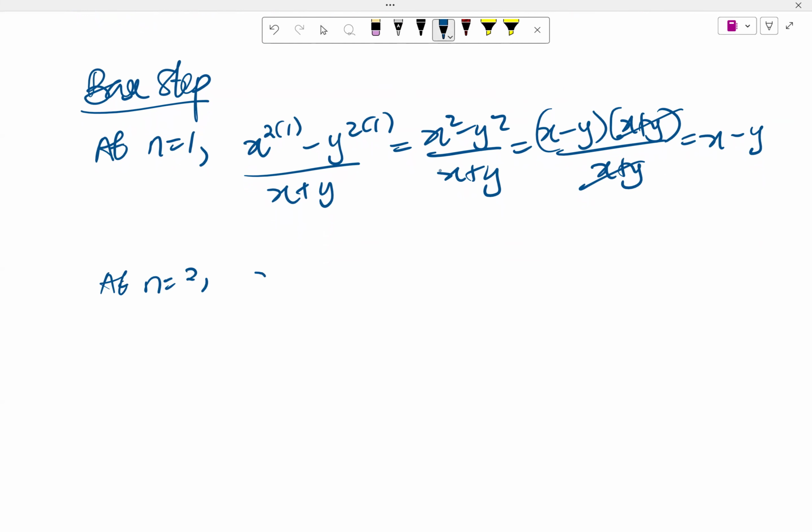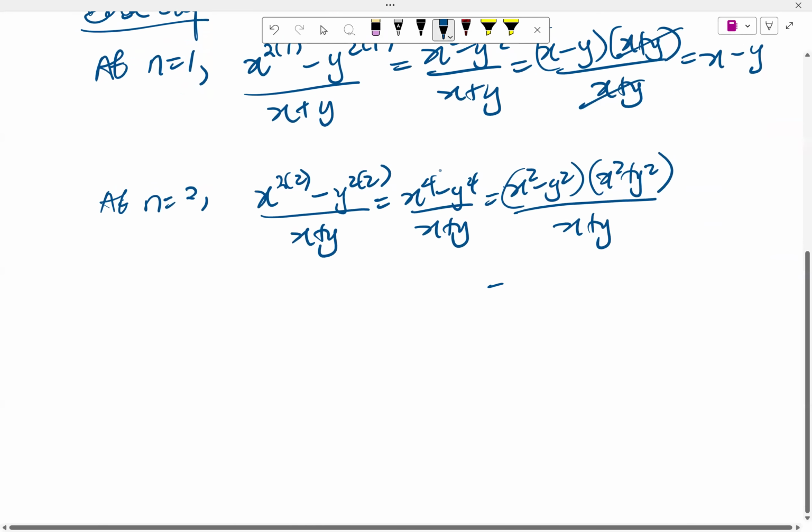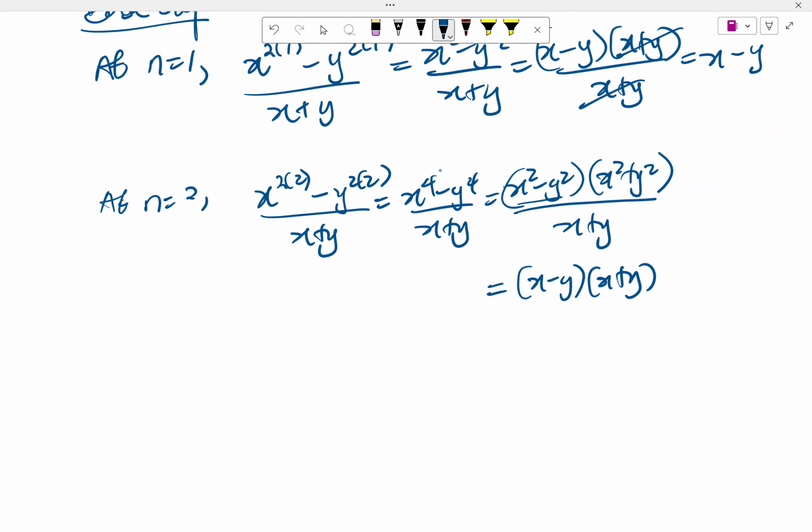And that is the same thing as x raised to power 4 minus y raised to power 4 all over x plus y. Of course, this is difference of two squares. So that's x squared minus y squared into x squared plus y squared, all over x plus y. This is another difference of two squares, so you have x minus y into x plus y for this part. Then this one remains what it is, x squared plus y squared, all over x plus y.